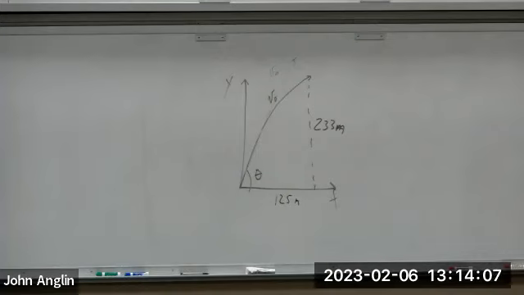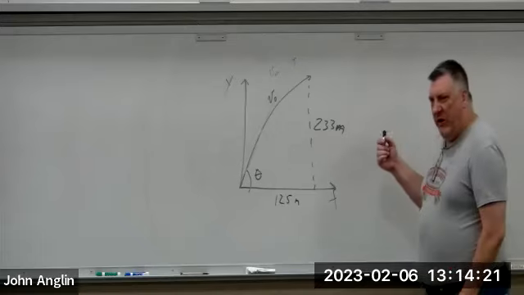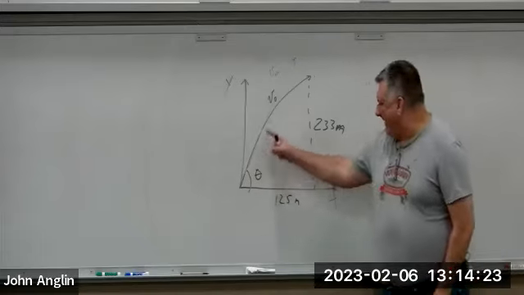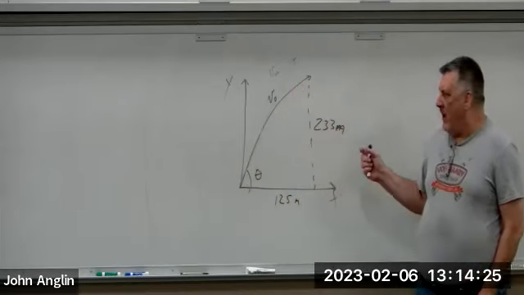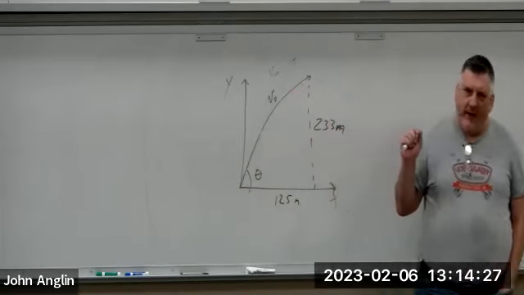So we have to ask ourselves now, what can we find from the information that we're given? Ultimately, I would really like to know how fast this thing is coming out of here, right? Now, why might I want to know that?